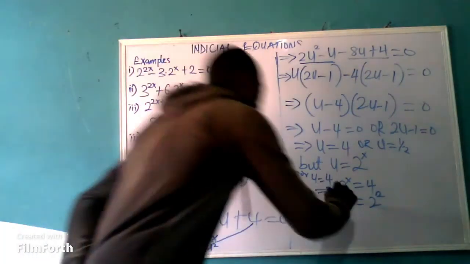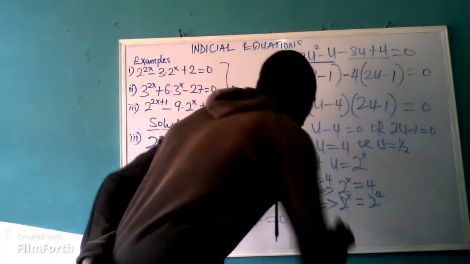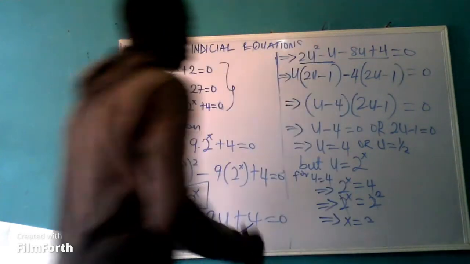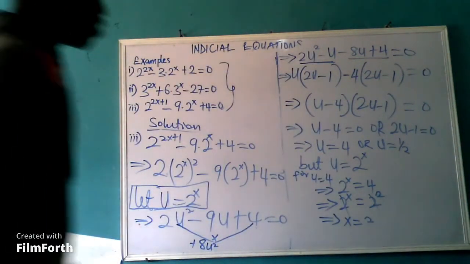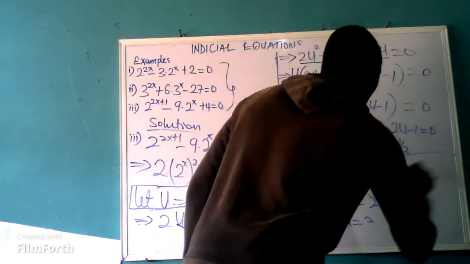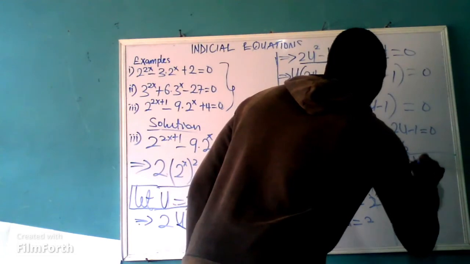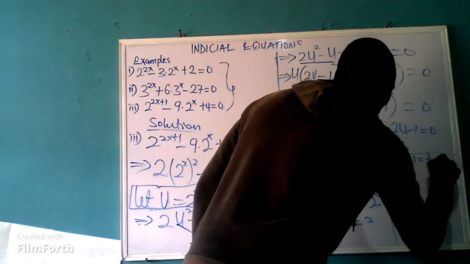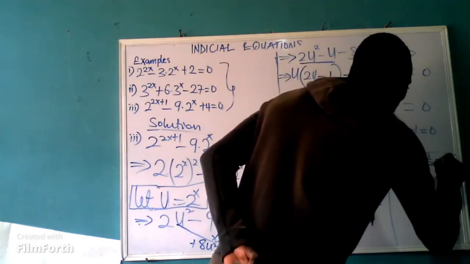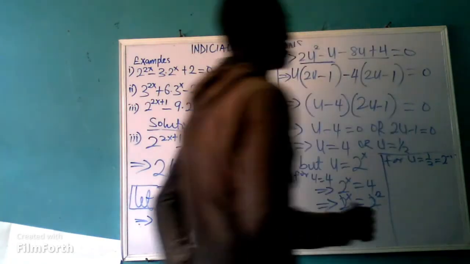So that this base will cancel this base, and you have your x to be equal to 2. Now let's do the same thing for u equal to 1 over 2. Don't forget 1 over 2 is the same thing as 2 raised to power minus 1.